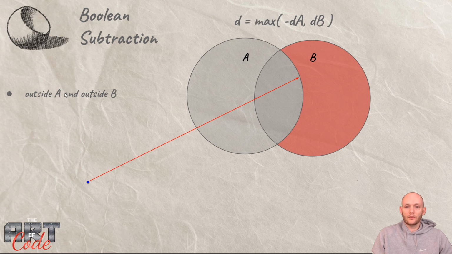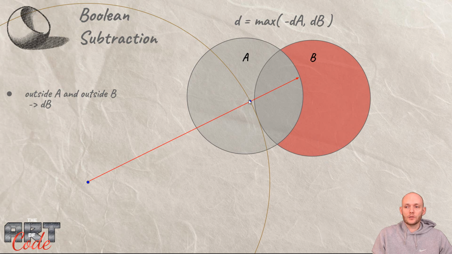So if we are at any point outside of A and outside of B, it will just trace the distance to B. If we look at that, this is the distance to B. Okay, so our next point is going to be right there.